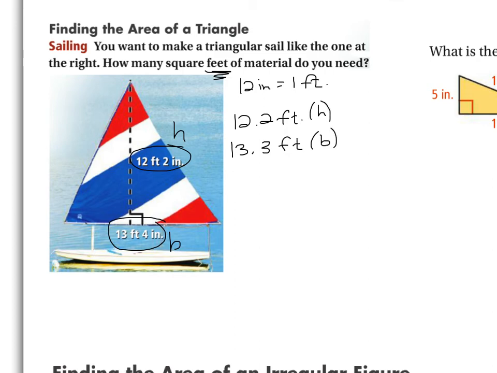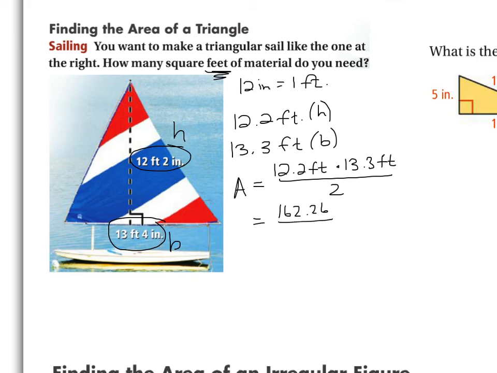I want to find the area. So the area is 12.2 feet times 13.3 feet divided by 2. Well, when I calculate 12.2 times 13.3, I get 162.26, and that's feet times feet is feet squared.